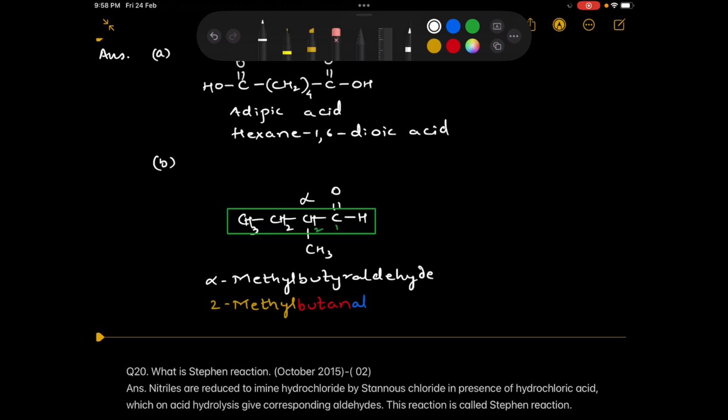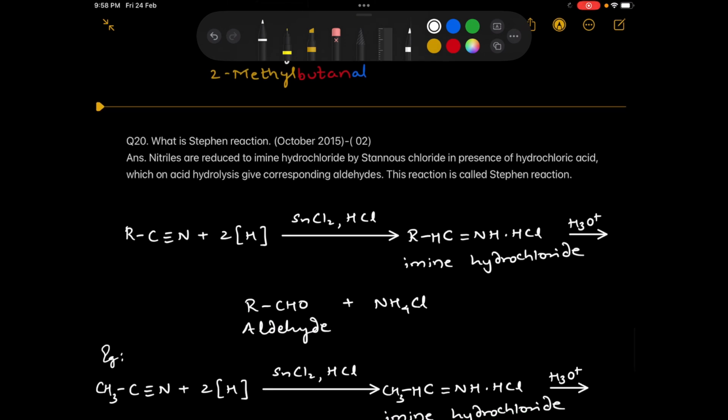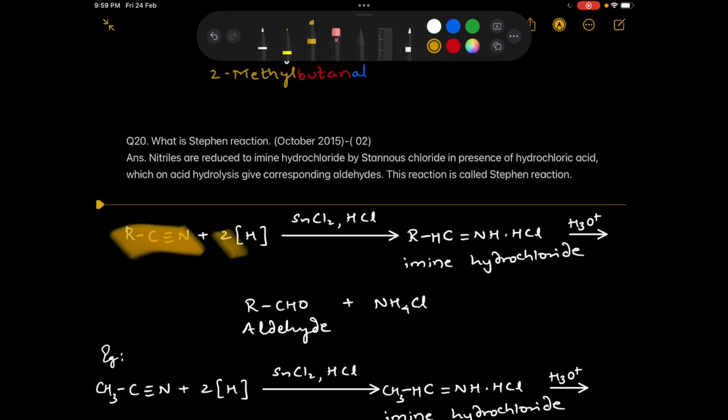See the next question. What is Stephen reaction? Nitriles are reduced to imine hydrochloride by stannous chloride in the presence of hydrochloric acid. So this is our nitrile in the presence of nascent hydrogens which are being produced by stannous chloride and HCl. We get the intermediate, that is imine hydrochloride.